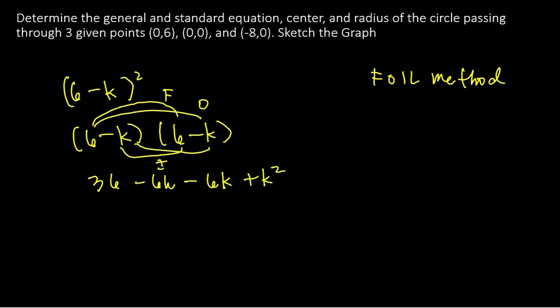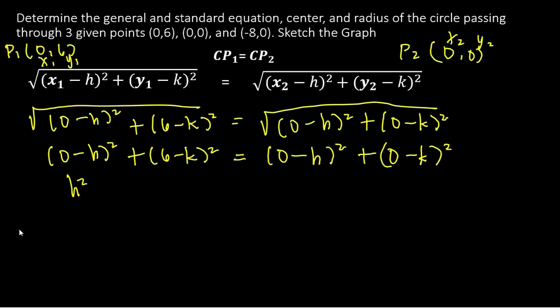Now let us combine like terms. So we have 36 minus 12k plus k squared. So we will have h squared plus 36 minus 12k plus k squared is equal to, when we expand this, h squared remains, and for this one, we will have k squared.